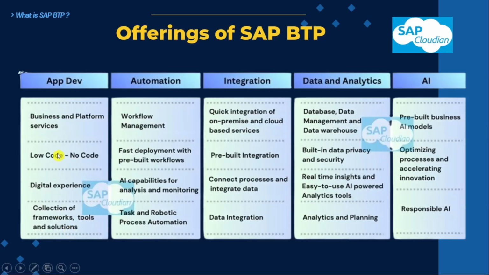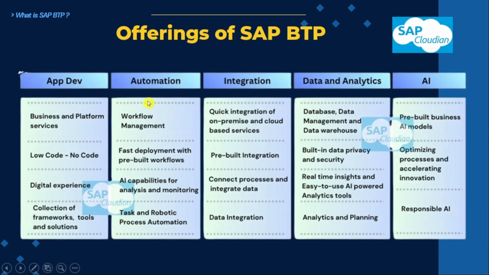At different levels of development, it provides functionalities that help to increase the development productivity with no code through the SAP Build or low code in SAP BAS. SAP BTP with application development provides both business and platform services that accelerate the development of cloud applications.